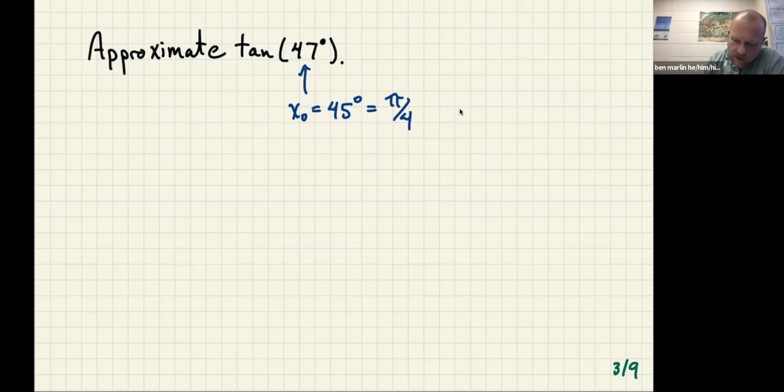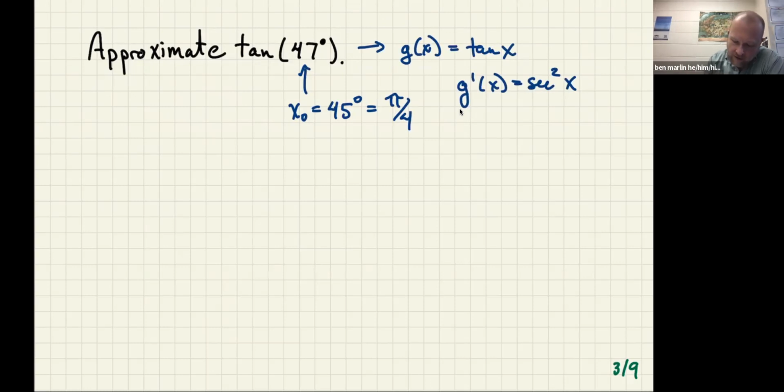Now the other thing we have to think about is, what is our function? It is going to be tangent x. And that tells us that the g prime should be secant squared of x. And so we can also plug into these fairly easily.